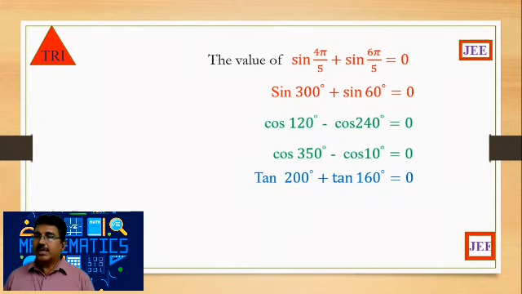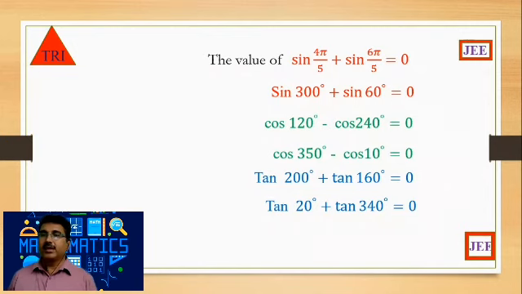Here, A plus B, so that tan 20 degrees plus tan 340 degrees is also 0.